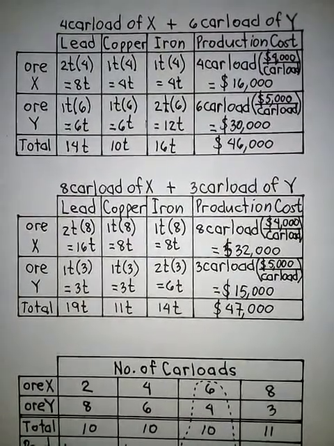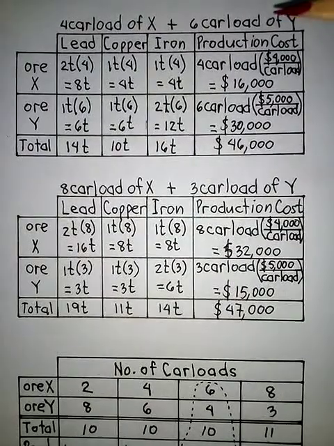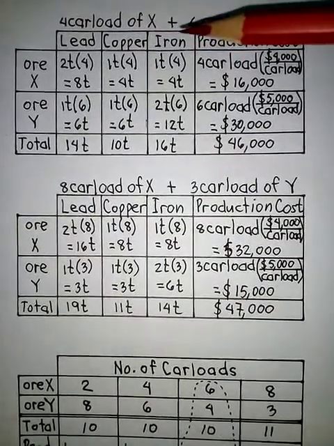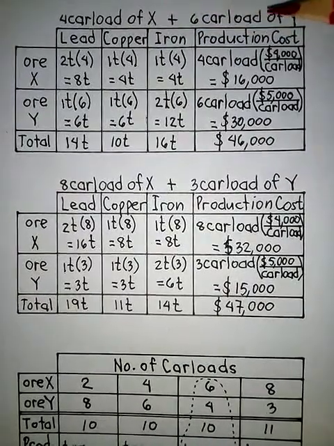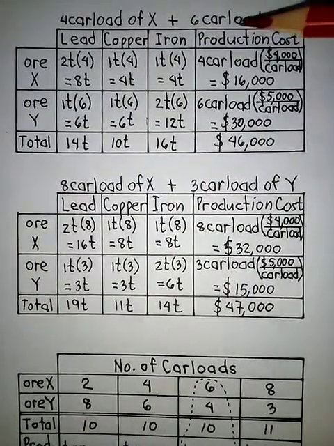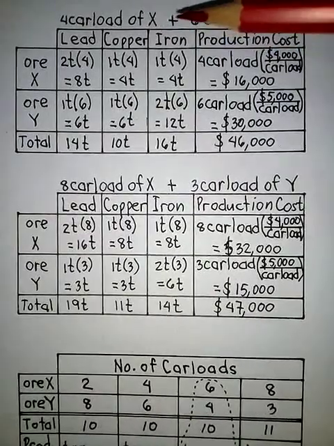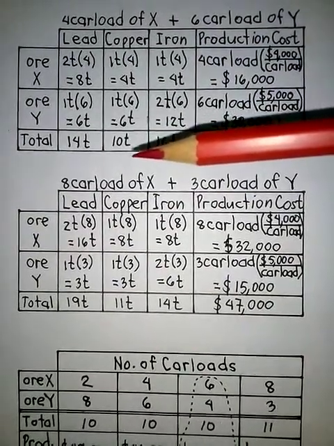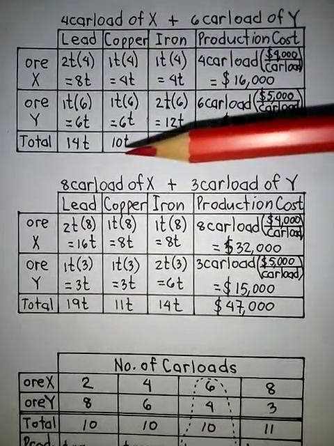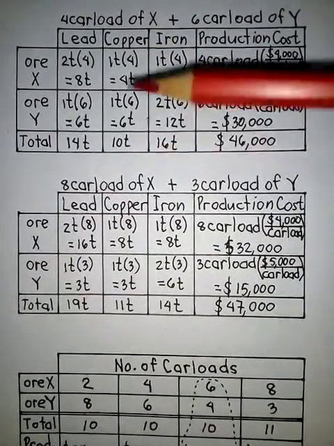By the way, how were we able to get 4 carloads of X and 6 carloads of ore Y? How were we able to estimate? Because our client requires us to supply, for example, the copper. The client requires 10 tons.